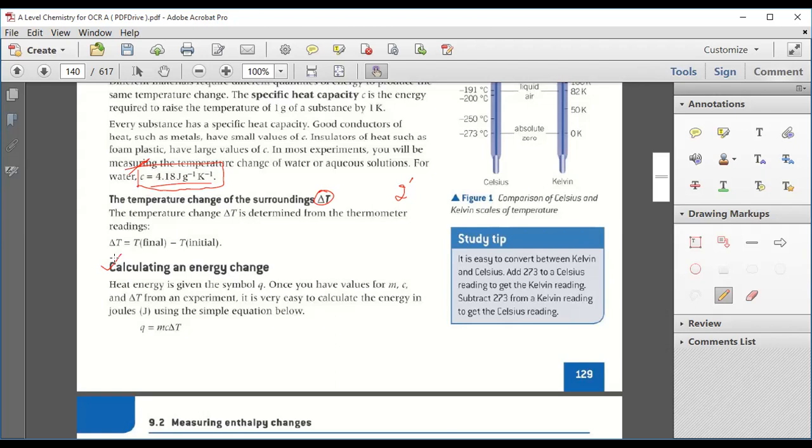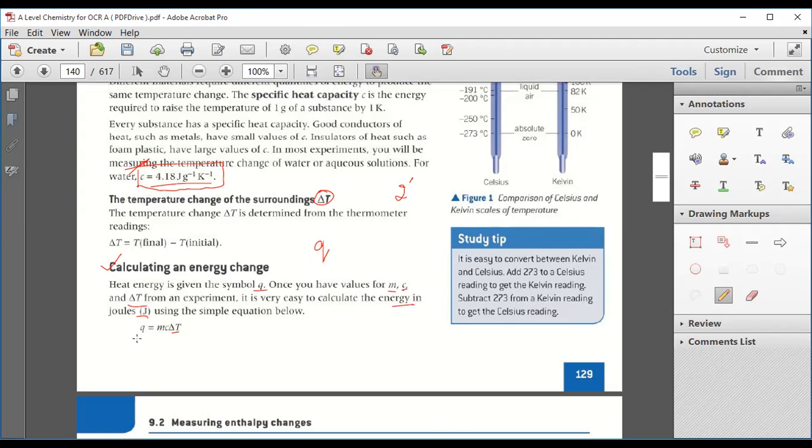Okay. Now calculating energy change. We have studied that energy change depends upon three quantities. The first one is mass, the second one is specific heat, and the other one is temperature change. Heat energy is given by the symbol Q, a small q. Once you have the value of m, the mass of a body, C, the specific heat capacity, and delta T, the change in temperature from the experiment for the particular object, it is very easy to calculate the energy in joules.